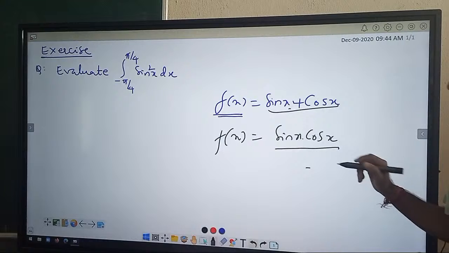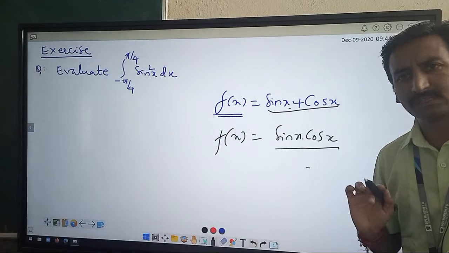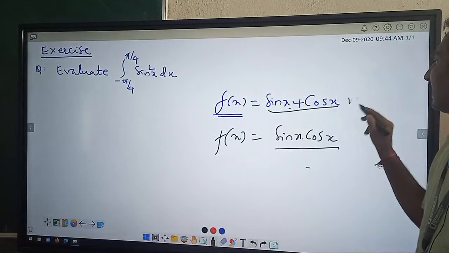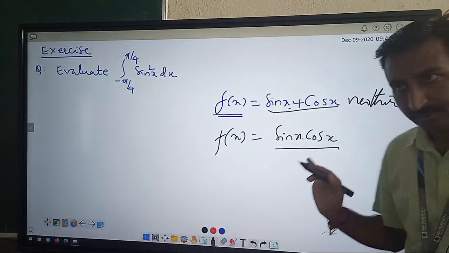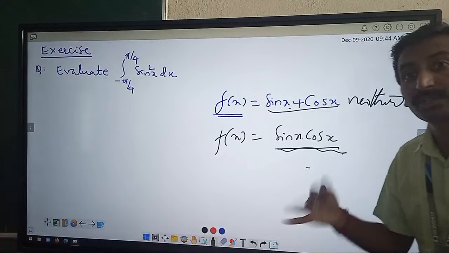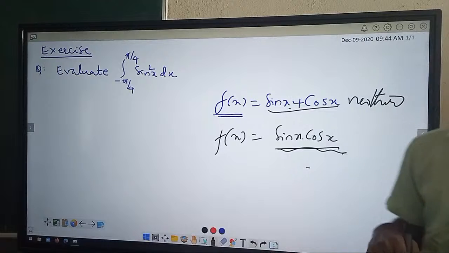When the sum of an odd and even function is taken, it is neither even nor odd. Remember, neither even nor odd. When the product is taken, it depends on the product, it may be either even or odd.